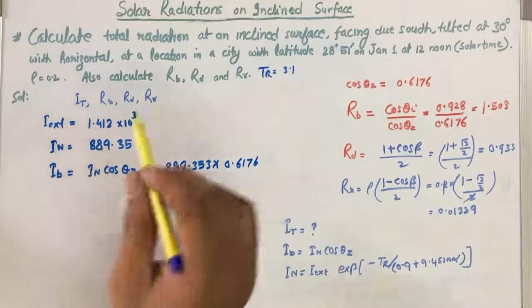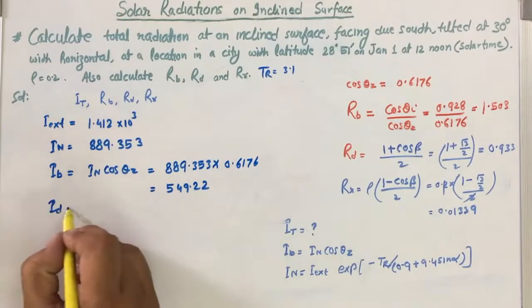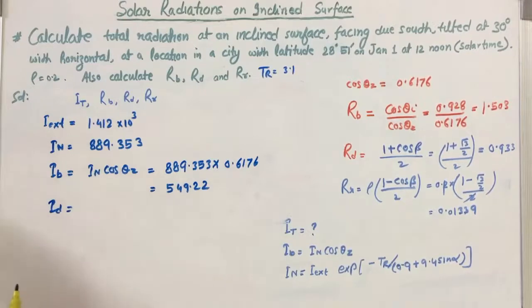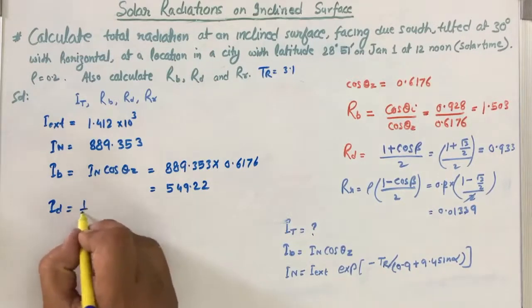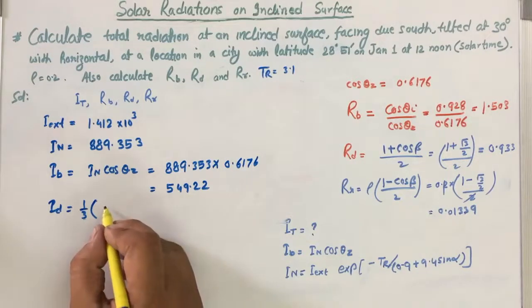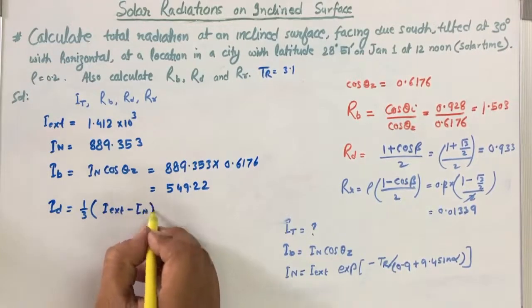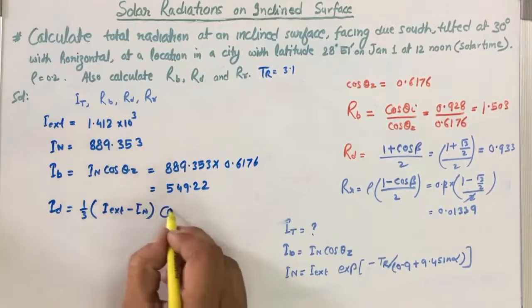And the next thing that is required to find IT is ID, diffused radiation. And we know the formula for diffused radiation. It is 1/3 of the formula which we have discussed just a few minutes before. So we can say it is 1/3 of I extraterrestrial minus IN into the surface cos theta z.